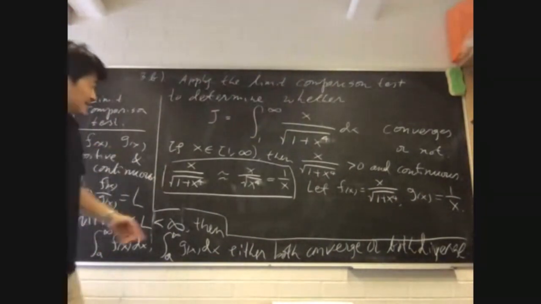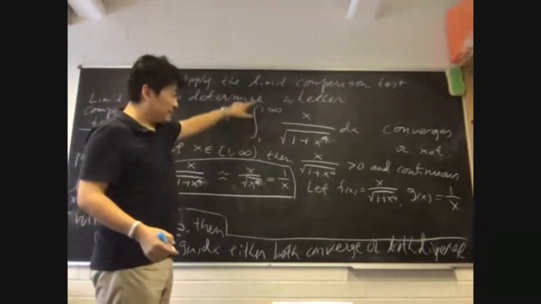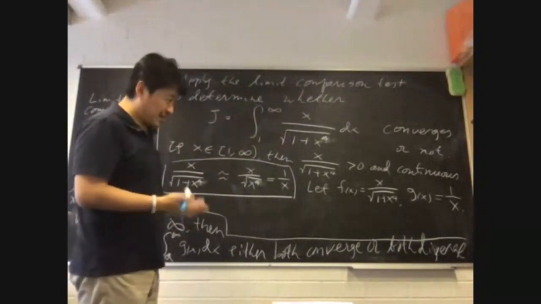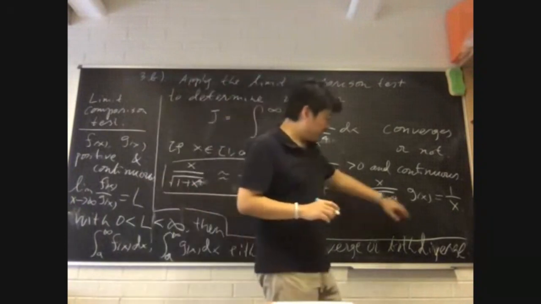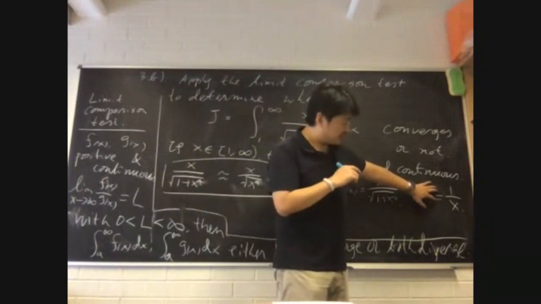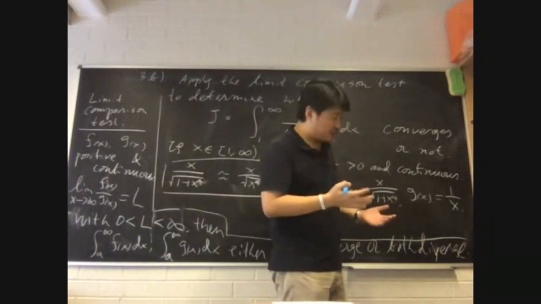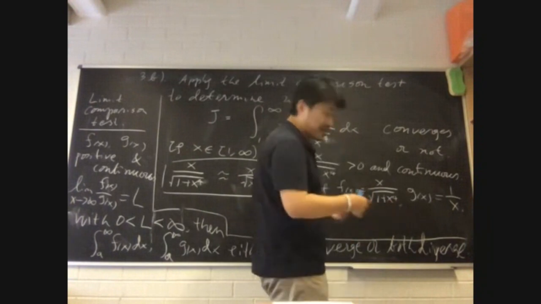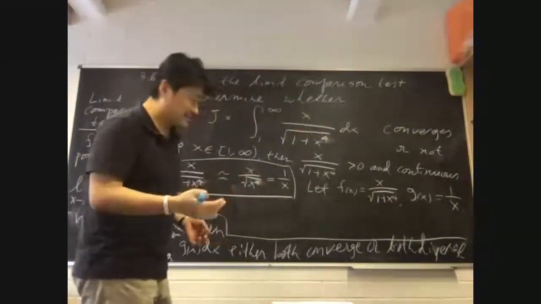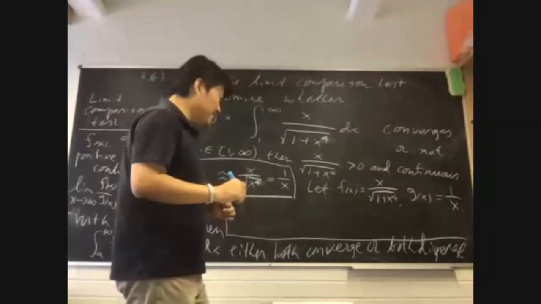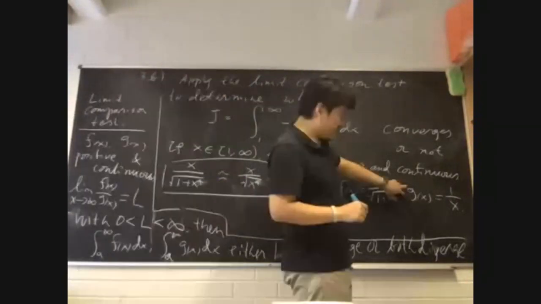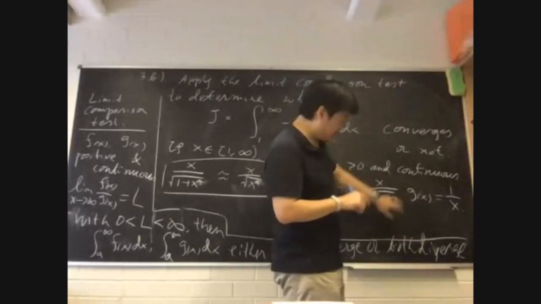And I know that the integral from 1 to infinity of 1 over x is divergent. To determine whether that converges or not is easy, because I have an antiderivative, log x, right? And I take x to infinity, that will give me infinity. So this is divergent if I integrate g of x from 1 to infinity.